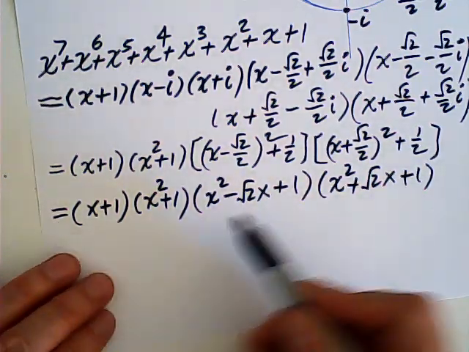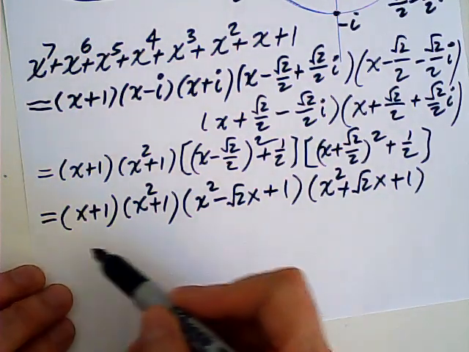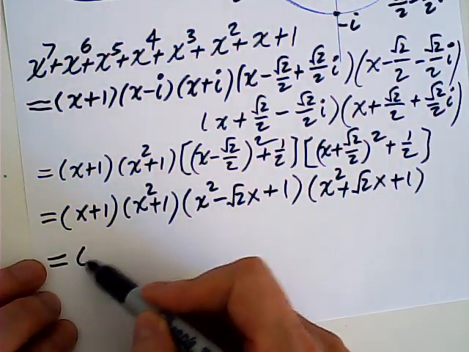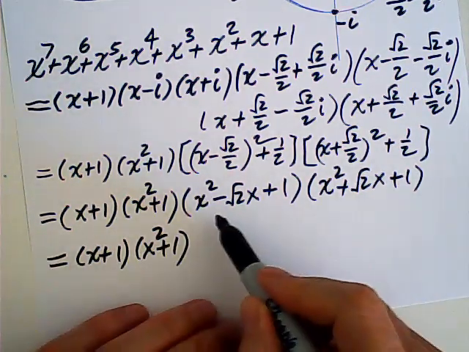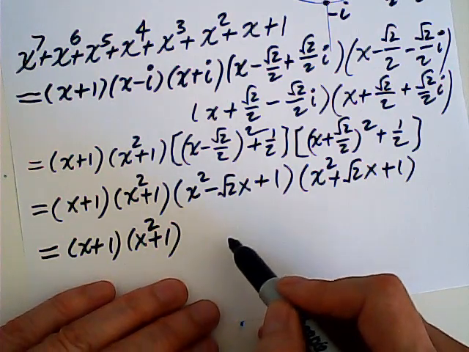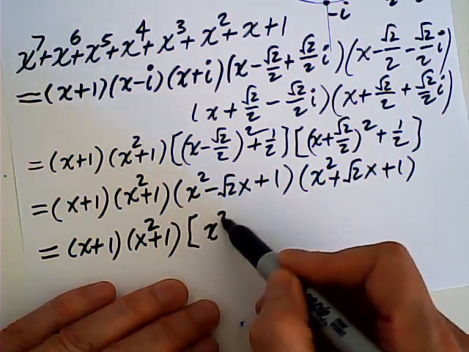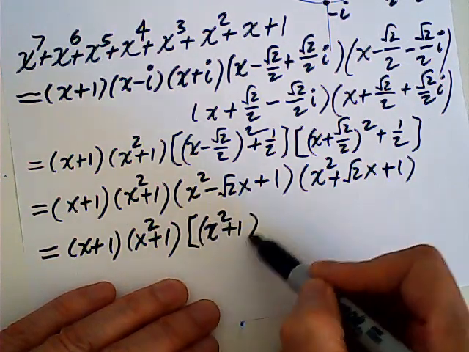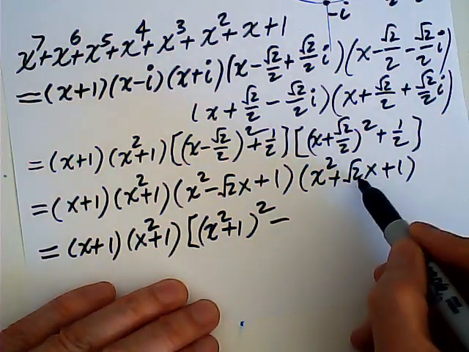But we still don't like the polynomials with irrational coefficients. So we can further change these two into x squared plus 1 squared minus this squared.